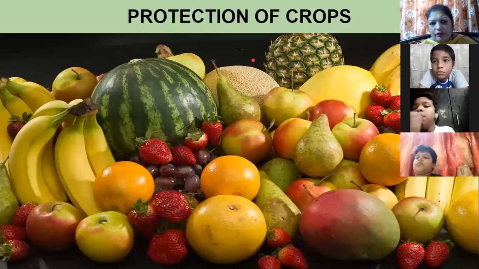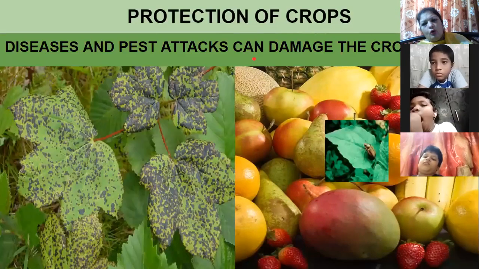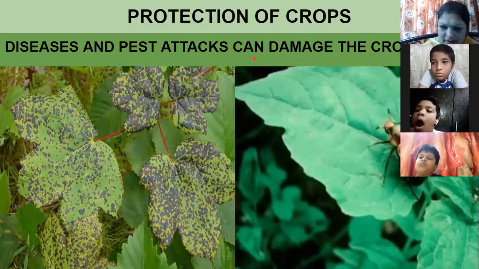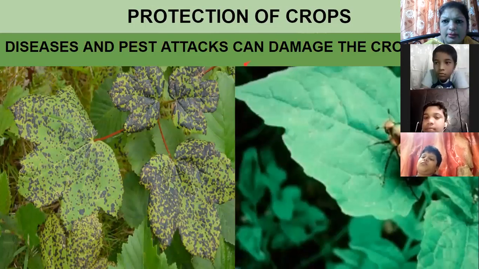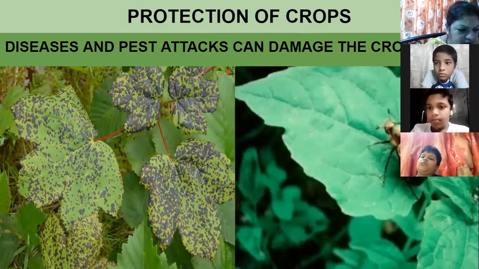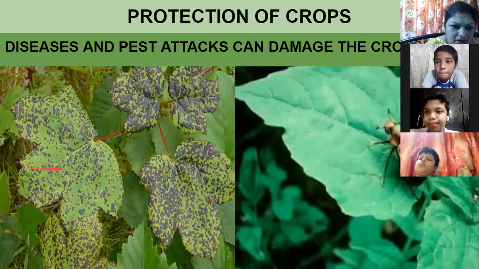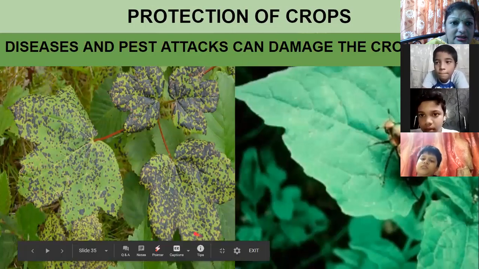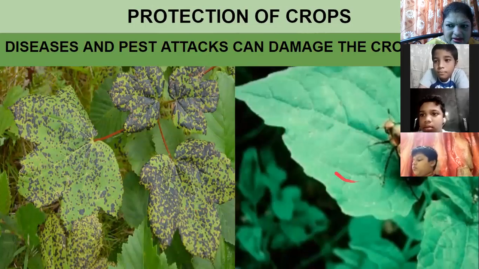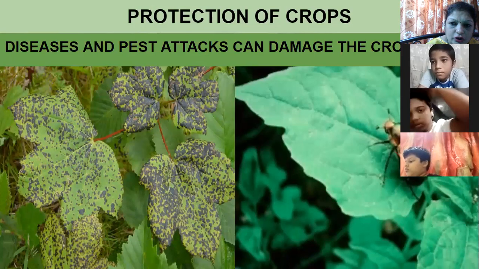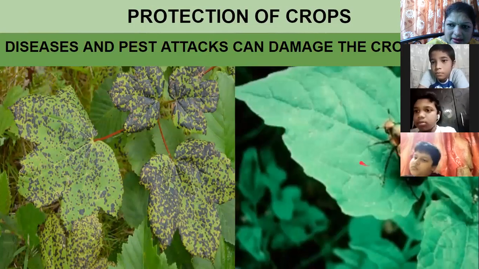Now, protection of crops. How you should protect the crops, or how the farmer protects the crops. You can see here, these are the diseases. The leaves, all the black dots which are there on the leaves, are actually the diseases, and these are the pest attacks. In the previous session also I showed you what happens when pests attack.